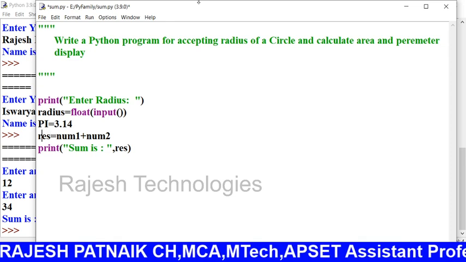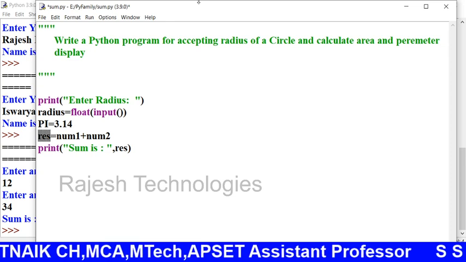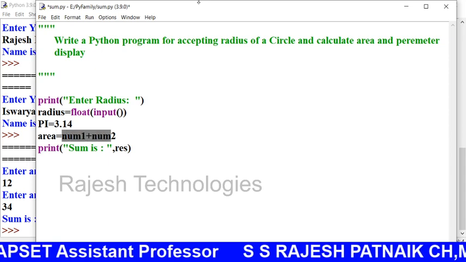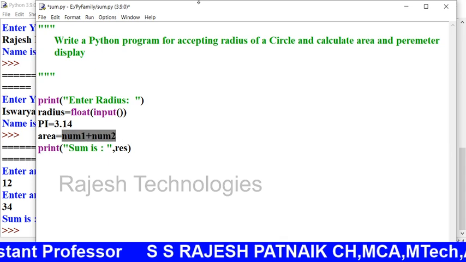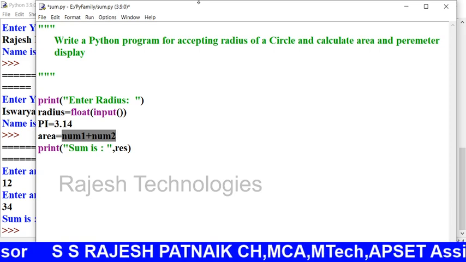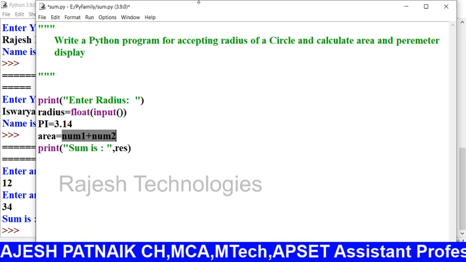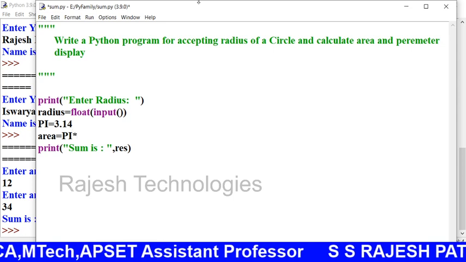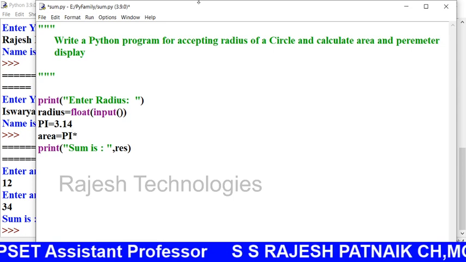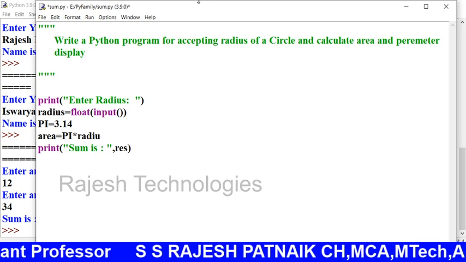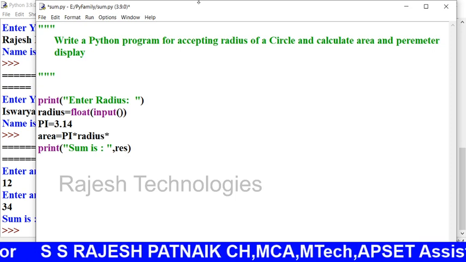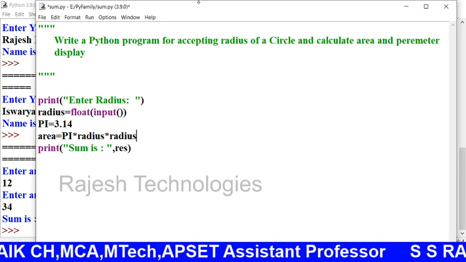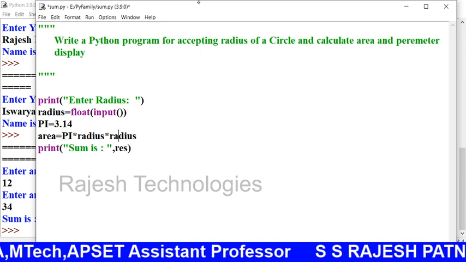And then you need to find the area. Area equals to, what is the formula? Formula pi r square. Pi r square means pi into, asterisk, radius into radius. Pi r square we studied in the childhood.